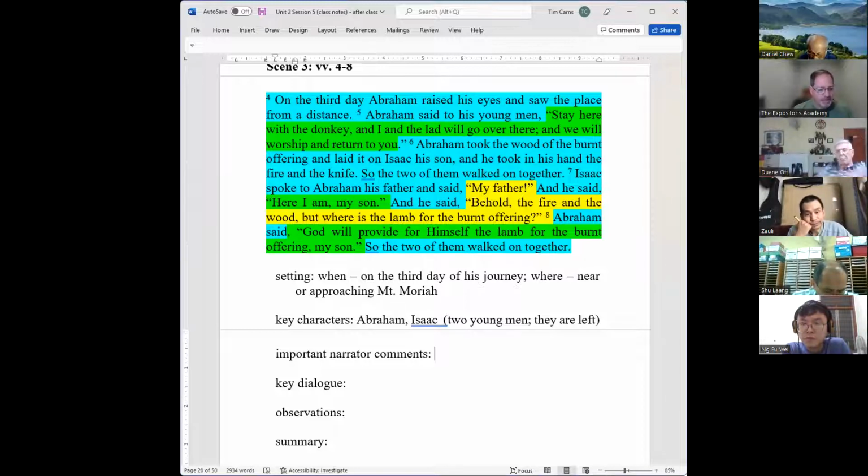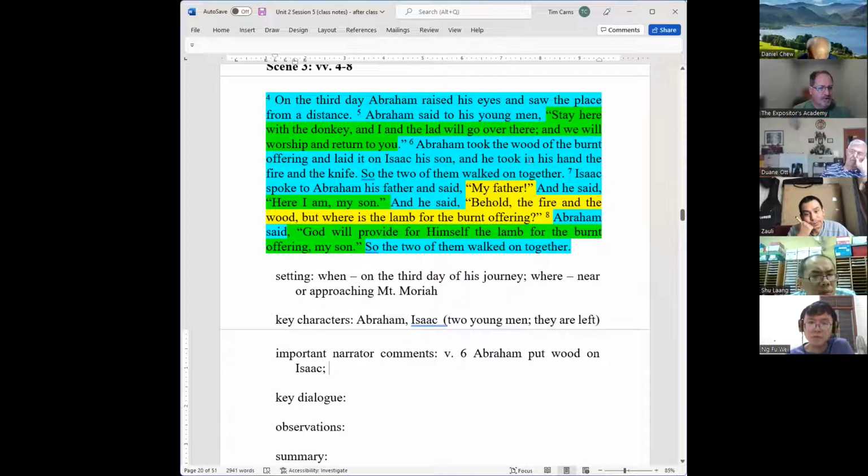All right, good. Okay, how about important narrator comments? Maybe Pastor Philip, what did you put for that? I put verse 6. Abraham took the wood of the burnt offering and laid it on Isaac his son, and he took in his hands the fire and the knife. So the two of them walked on together.